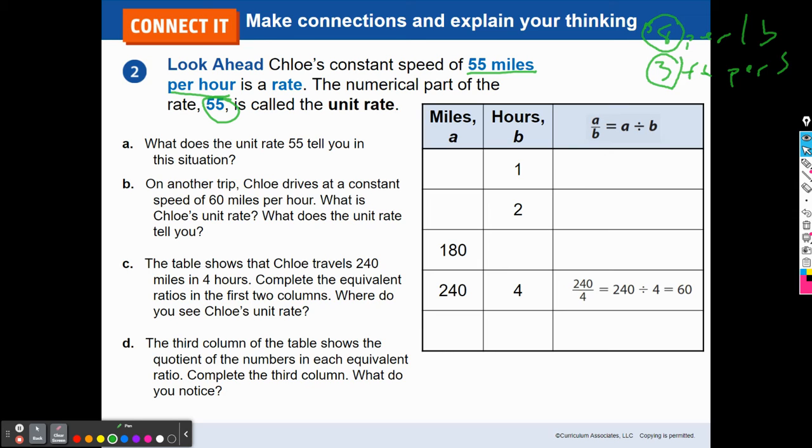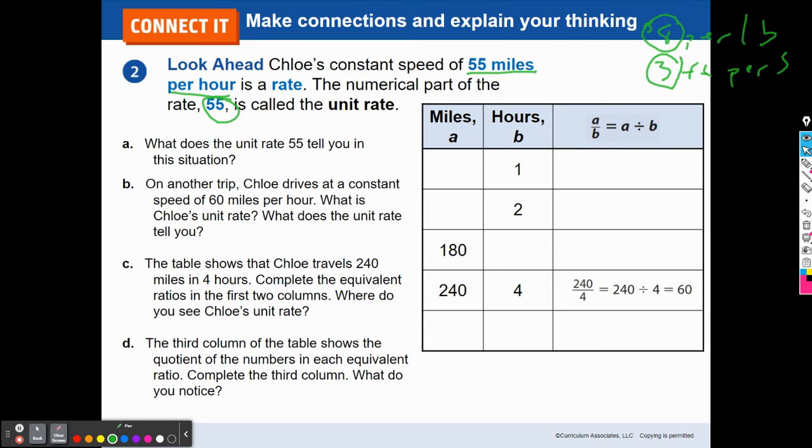Some of my students in class today were trying to wrap their brain around that, and just know that because when we talked about rates in the beginning, we said it's units per 1 unit, right? So that is if it's units per 1, then our unit is that first part of our ratio, or of our rate, if that makes sense to you.